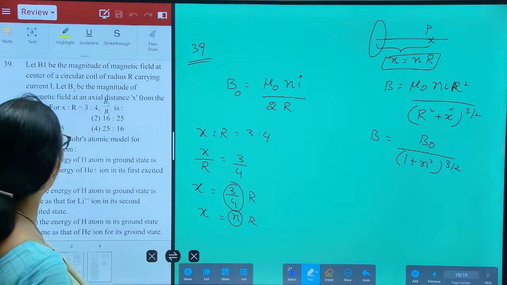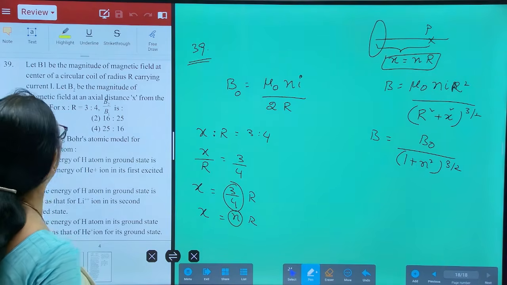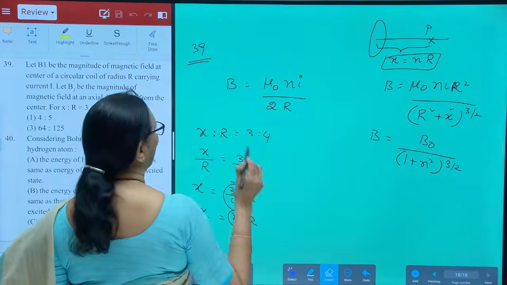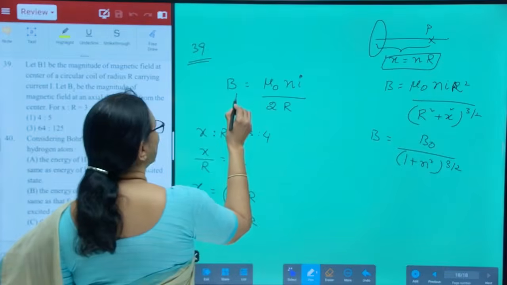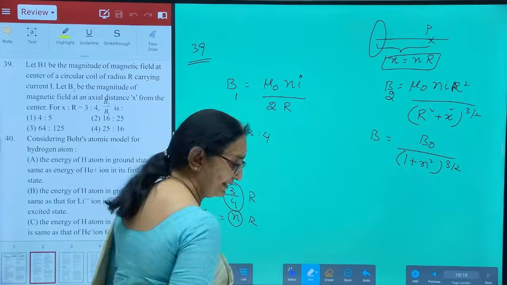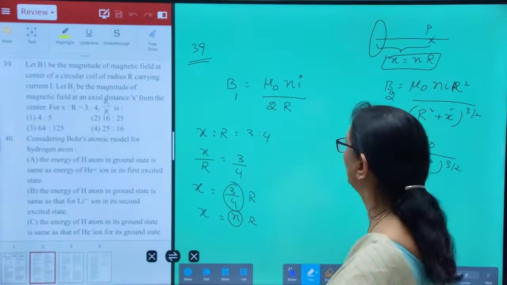So what is asked in the problem? You have to follow this very carefully. The intensity of magnetic field at the center is taken as B1. The intensity of magnetic field at a distance x on its axis is taken as B2.